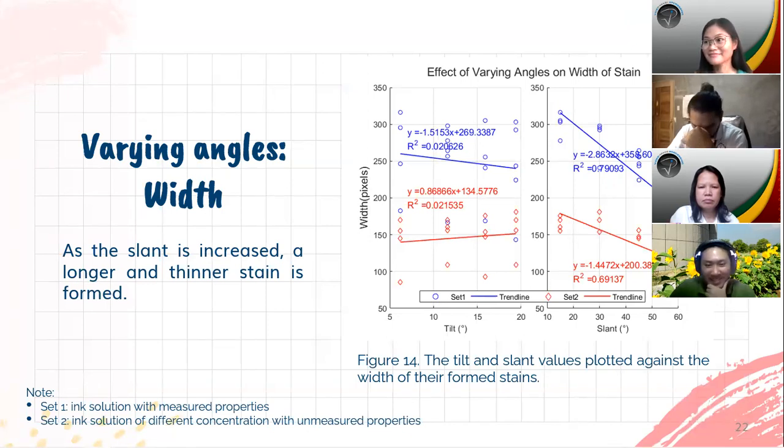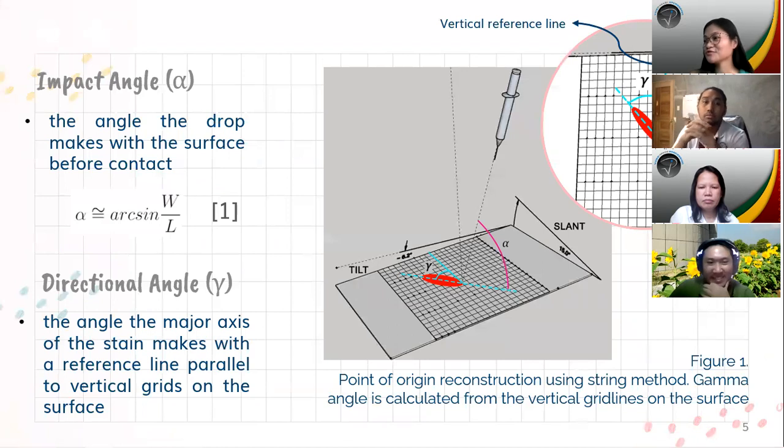Ano yung difference nung tilt at slant sa setup? Bawal ba silang pagpalitin? So yung tilt and slant, I arbitrarily chose this axis for the tilt, and then I chose this axis for slant.